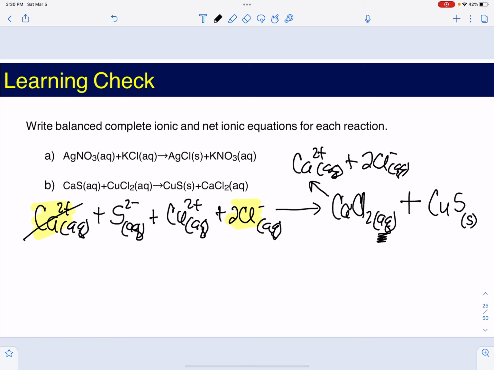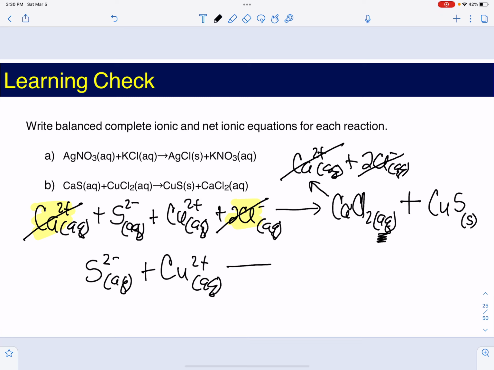So the calcium cancels with the calcium, the chloride cancels with the chloride, so the only thing remaining is my sulfide, which is aqueous, my copper 2 plus, which is aqueous, producing copper 2 sulfide, which is a solid, so I do not break it apart. And that will be my ionic equation.